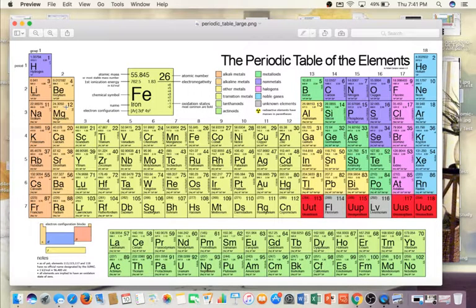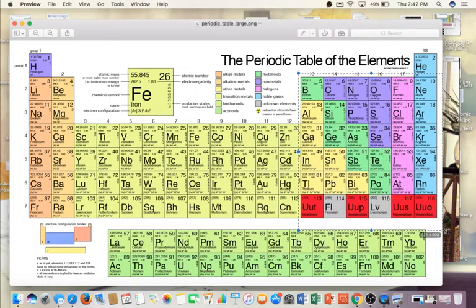Please remember about your S, D, P, and F orbital shapes. That right here is your S blocks, also including helium. Then in the center here is your D blocks.